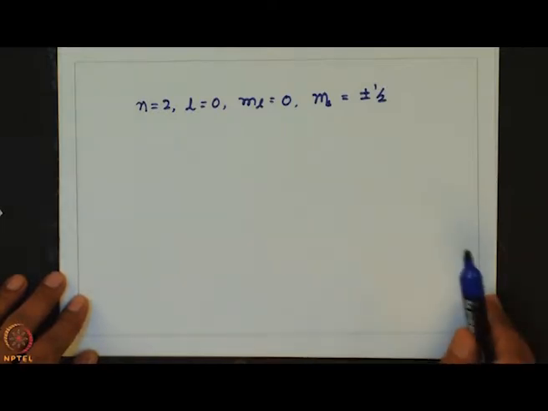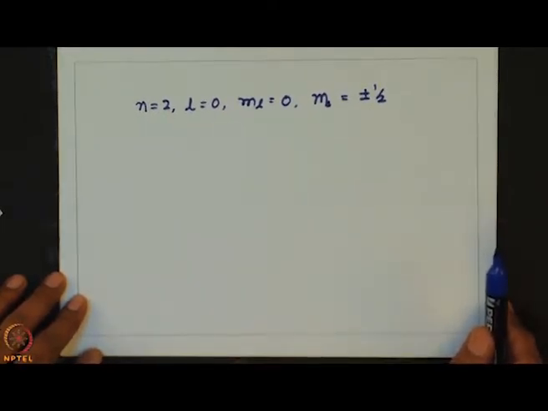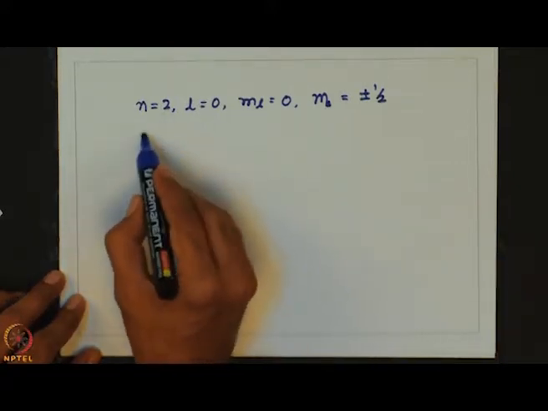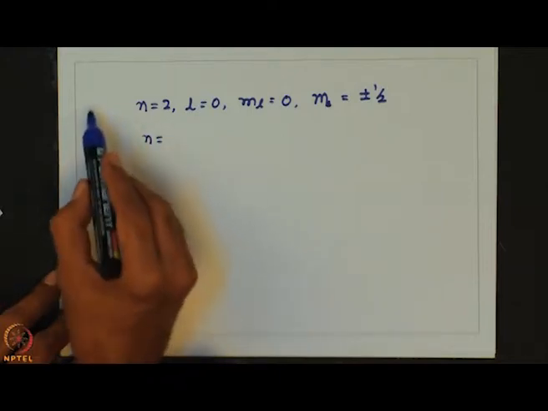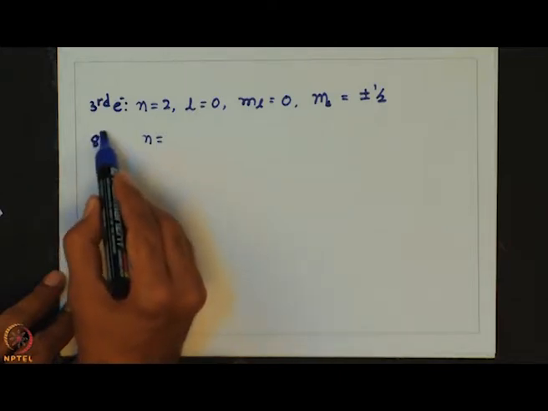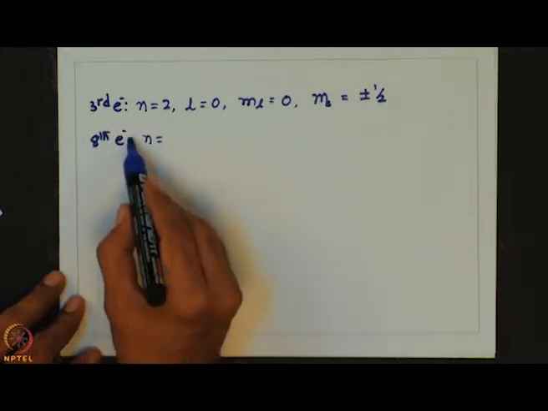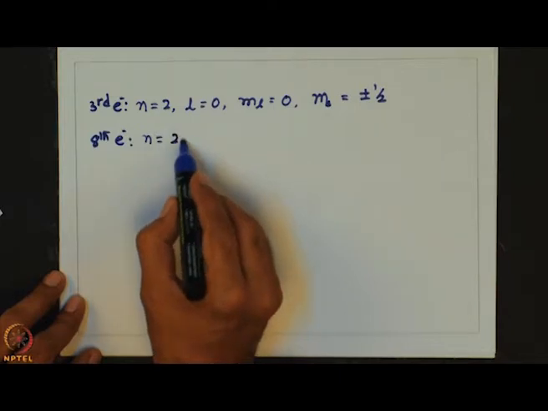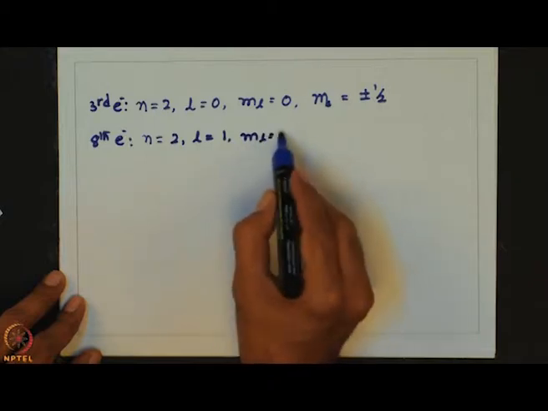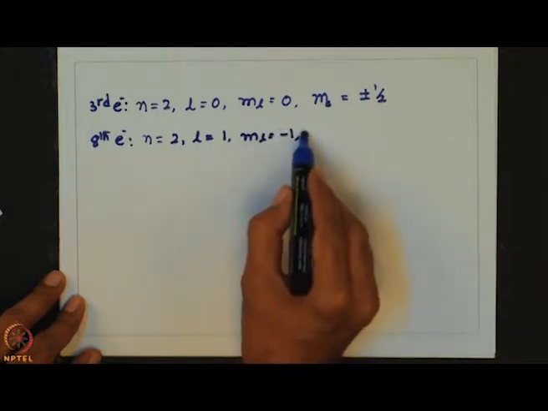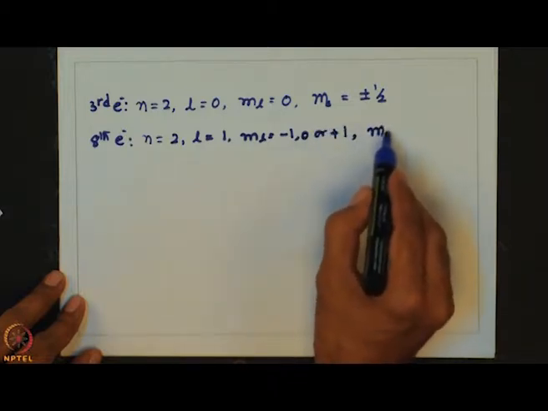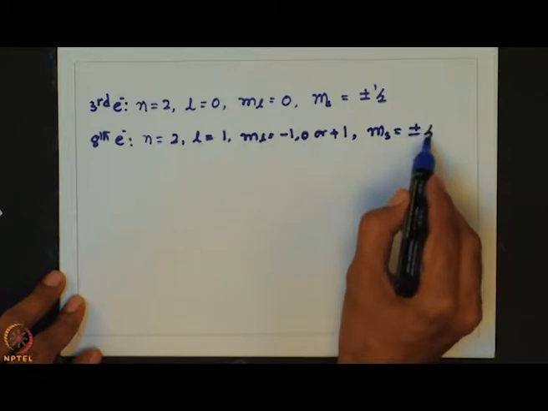Similarly, this is for the third electron, and this is for the 9th electron: n equals 2, L equals 1, ML equals minus 1, 0 or plus 1 and MS equals plus or minus half.